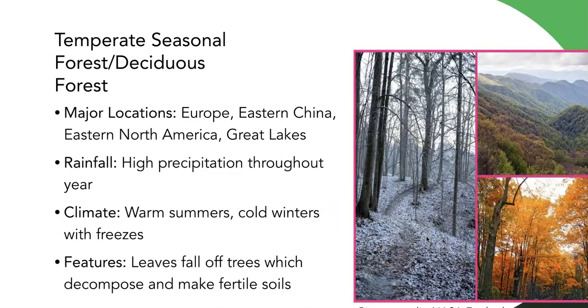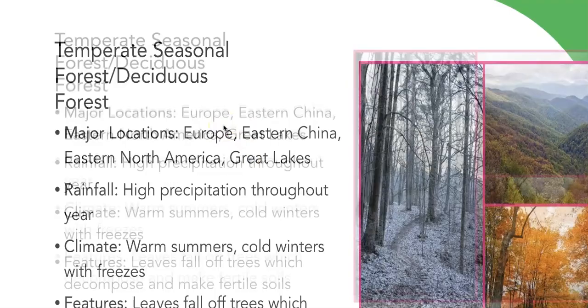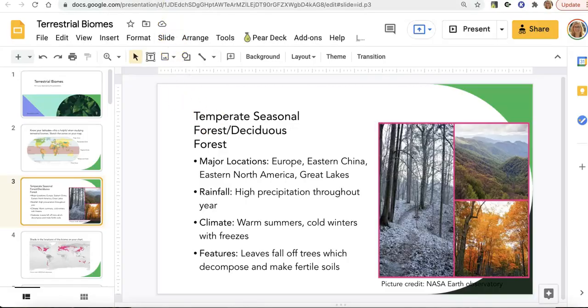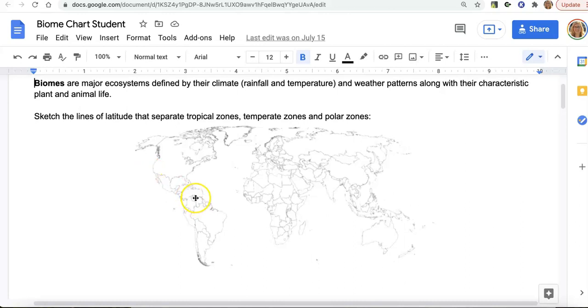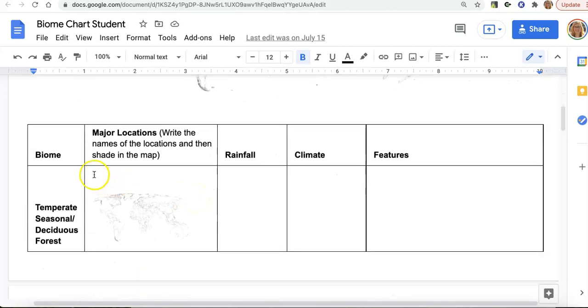So this biome has a dormant season in the winter, which means that all winter long nothing's growing. Well, not very much is growing. And so the leaves will decompose and add nutrition to the soil. So let's take a look at your paper. What you're going to do here is write the locations, and you're going to shade them on this map in just a minute.